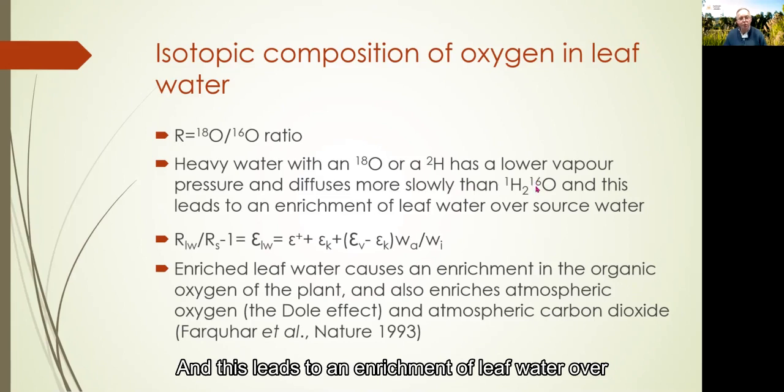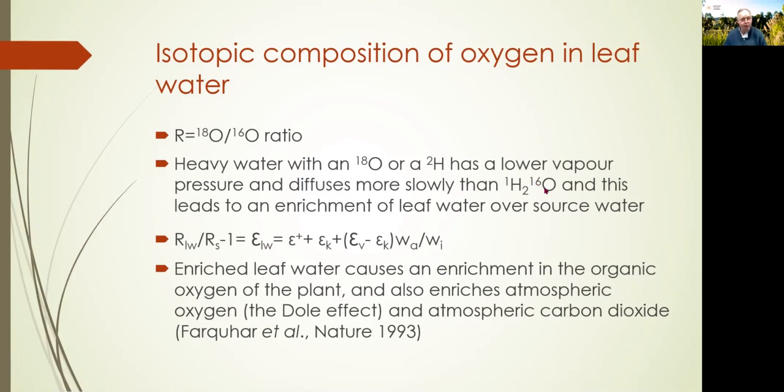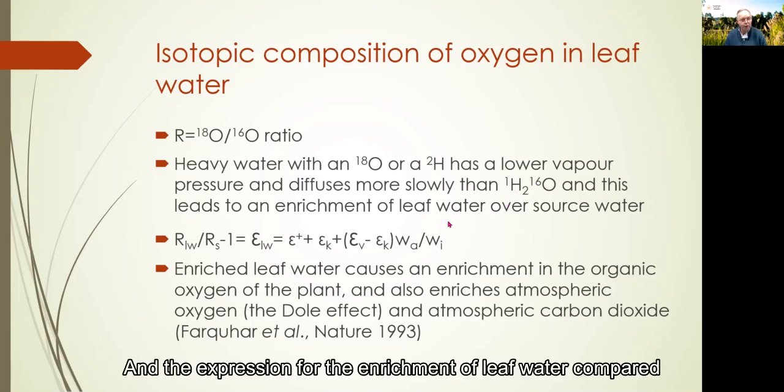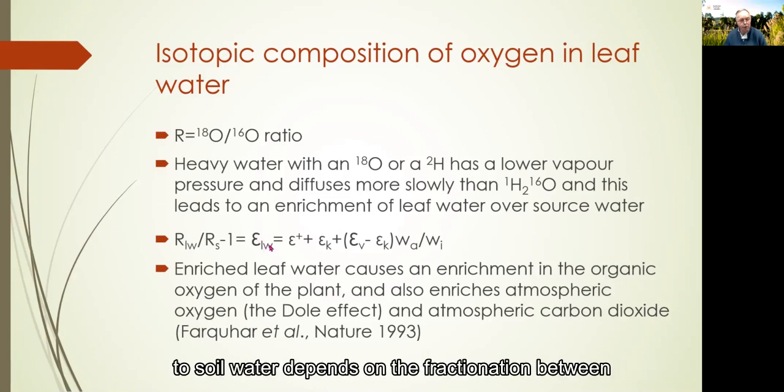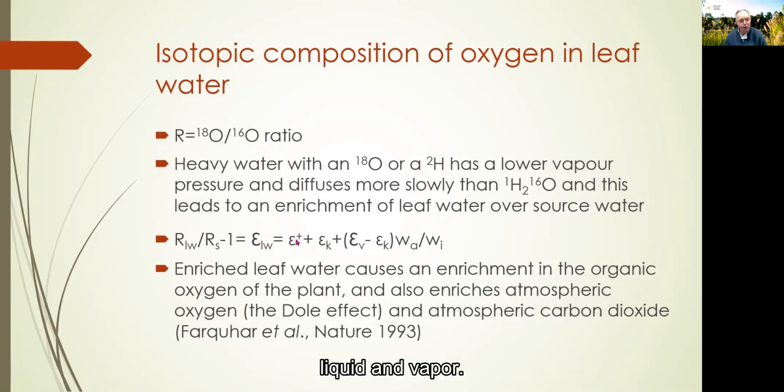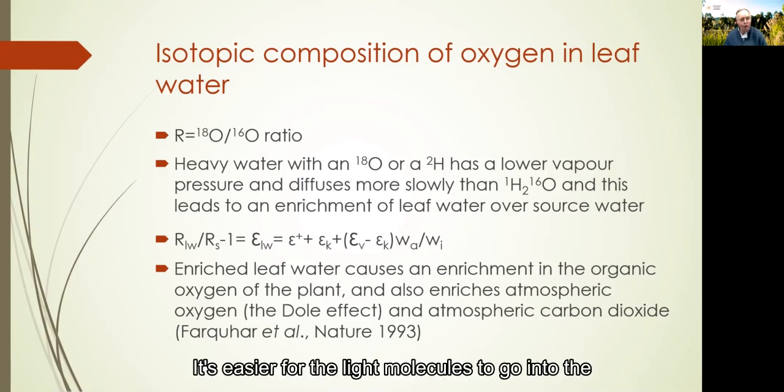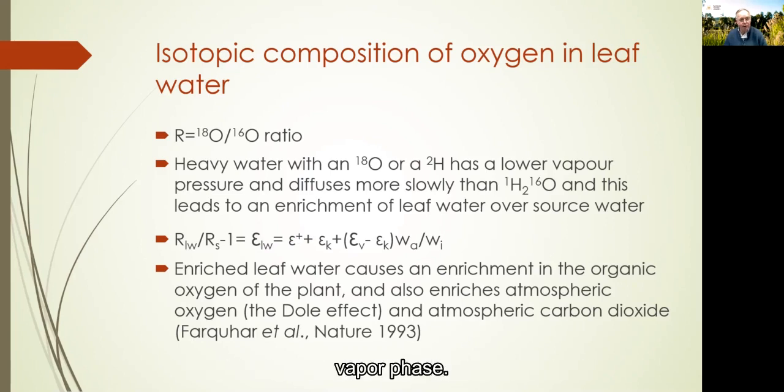And this leads to an enrichment of leaf water over source water. And the expression for the enrichment of leaf water compared to soil water depends on the fractionation between liquid and vapor. It's easier for the light molecules to go into the vapor phase.